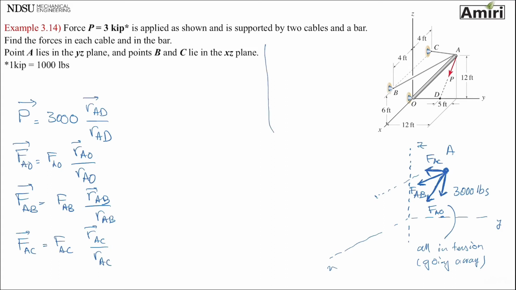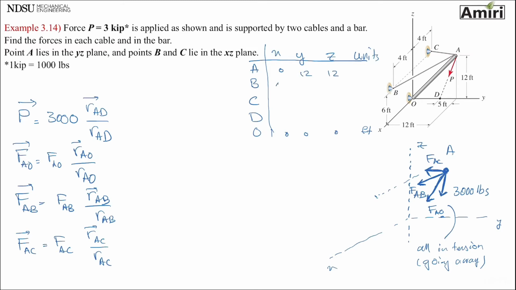So let me make my table here, kind of out of the way, on the units. So I have A, B, C, D, O. O is located at 0, 0, 0 feet. A is located at 0, 12, 12.